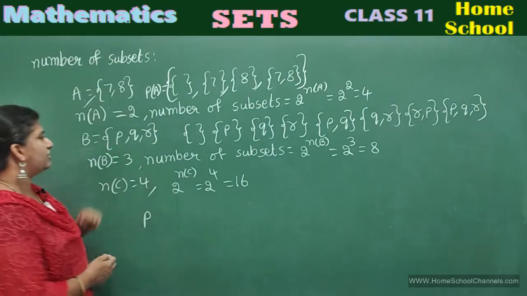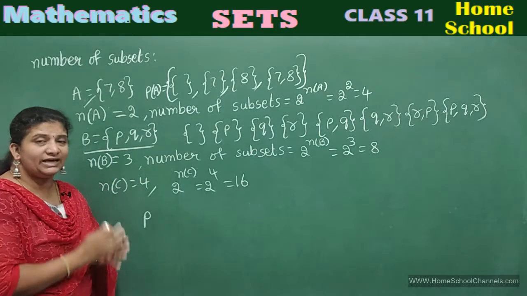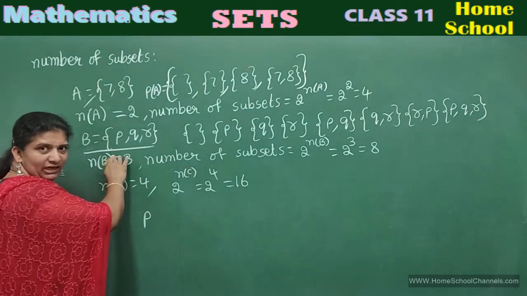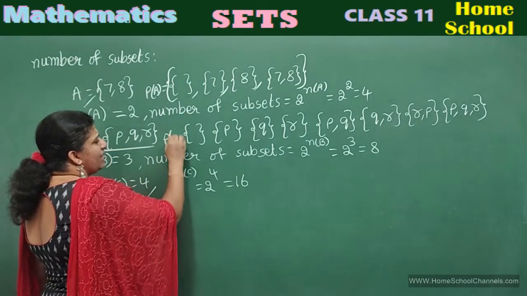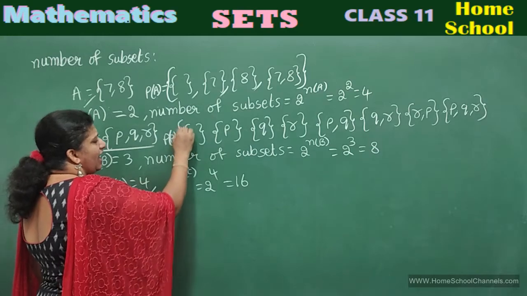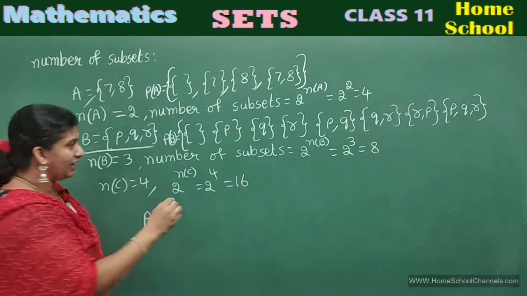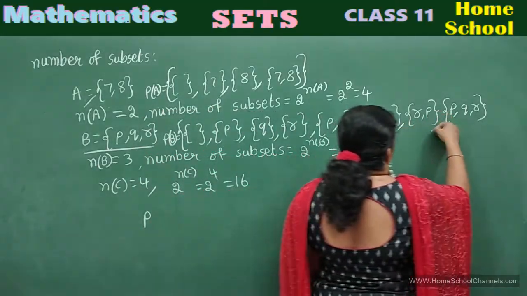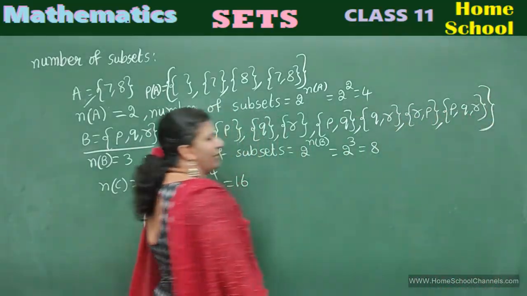So this one is also the same. The collection of all the subsets of a set B is called the power set of B, and I write it with a flower bracket, with commas for every subset, enclosed with a flower bracket.